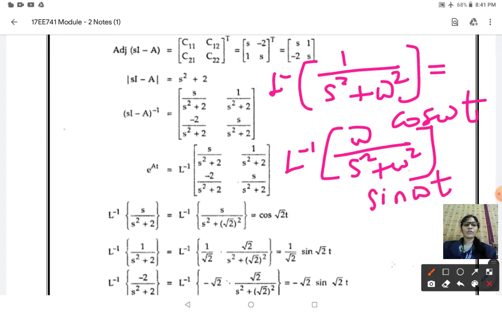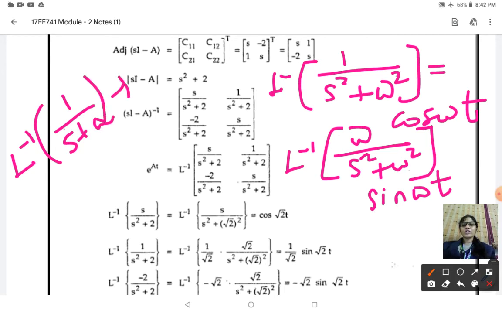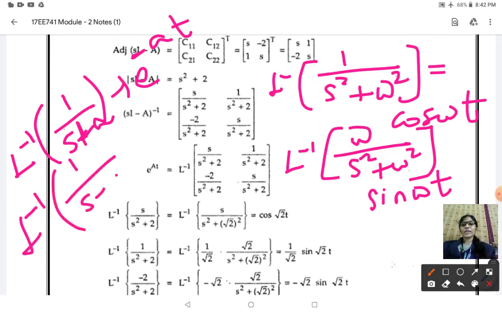So these are the formulas. Previously we have seen two formulas: Laplace inverse of 1 divided by s plus a is going to be e to the power of minus at. If you have plus here, you write e to the power of minus at. One more formula is Laplace inverse of 1 divided by s minus a is equal to e to the power of plus at.